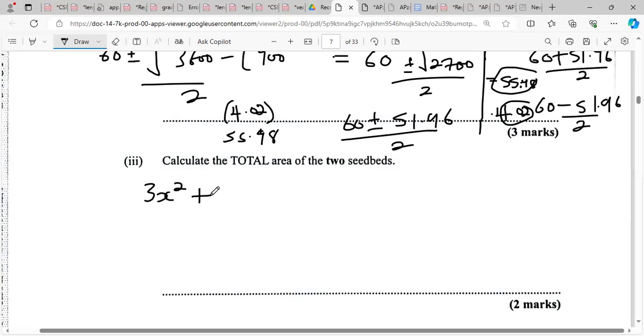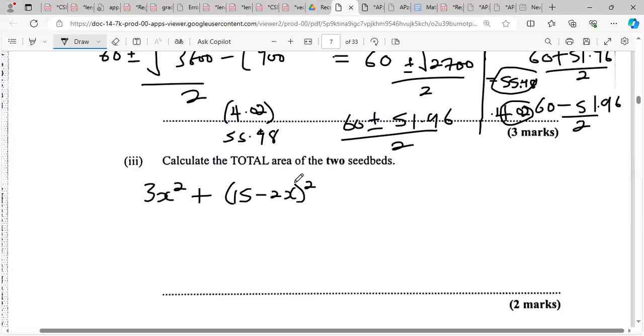I don't think they want it in terms of y, so we have to use 15 minus 2x for that portion. So 15, that's what we got for y, minus 2x, squared.